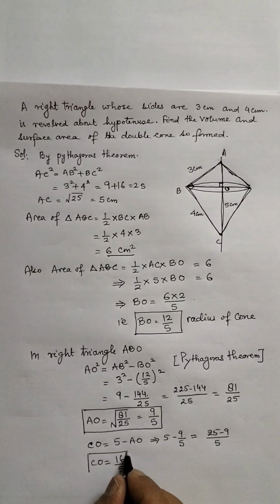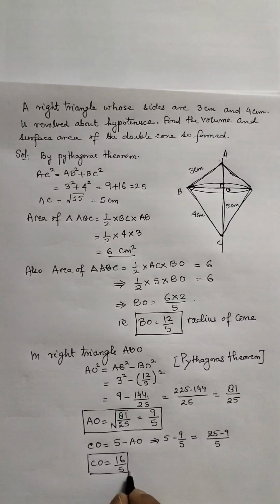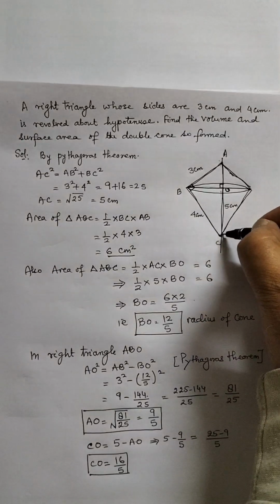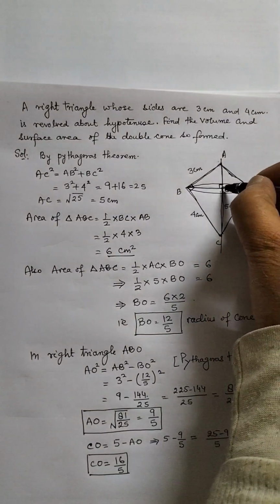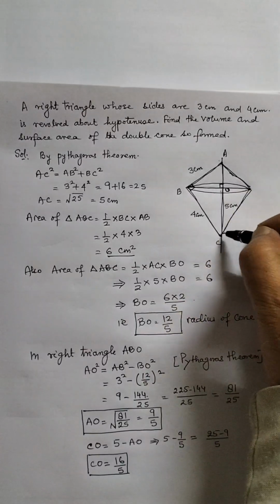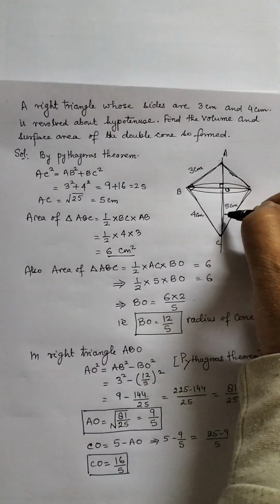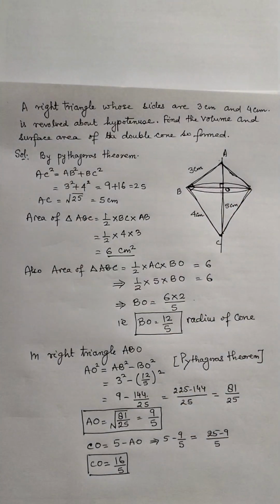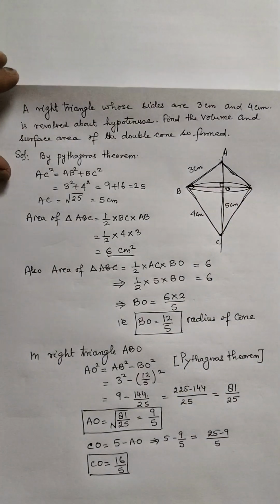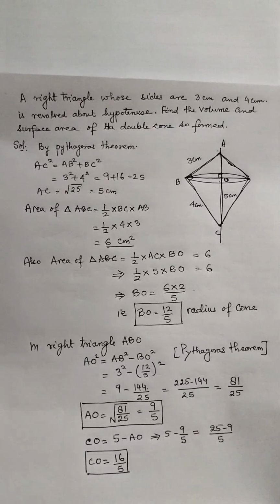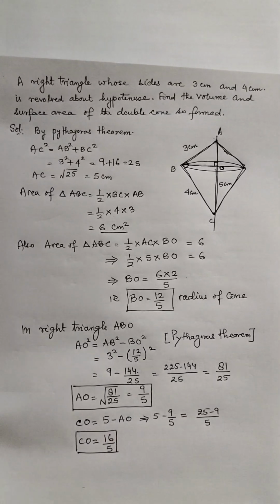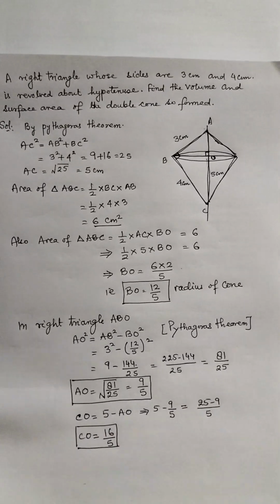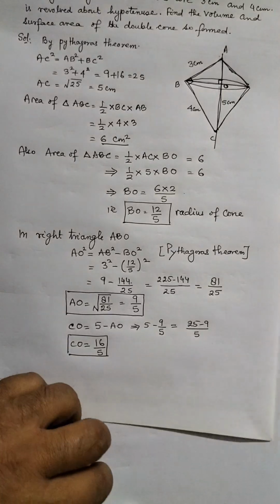This also we will keep in box because this is the height of this cone and AO is the height of this cone. CO is the height of the lower cone and AO is the height of the upper cone. Now using this information we will calculate the volume and the surface area as asked.